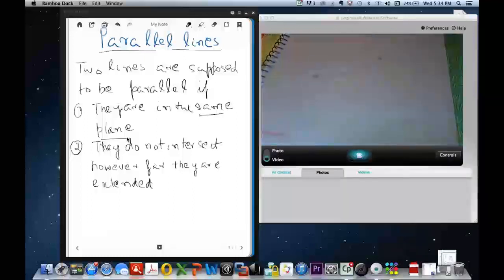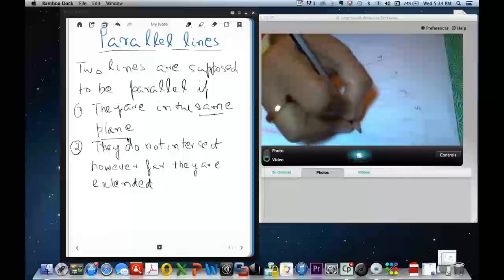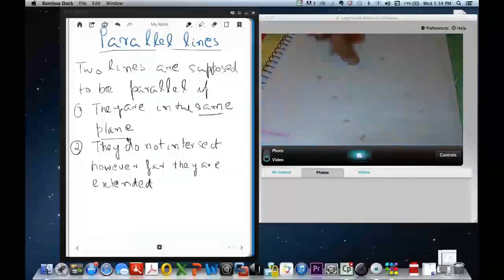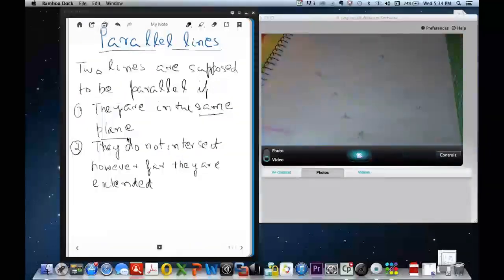All these lines, C, D, E, F, G, H, are parallel to the line AB. However much you extend these lines in either direction, they will never intersect with line AB.